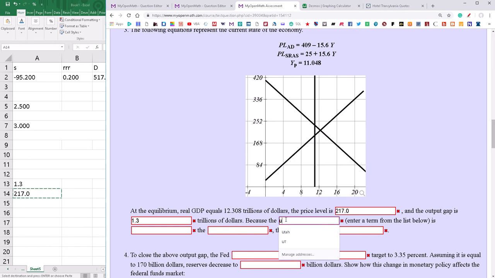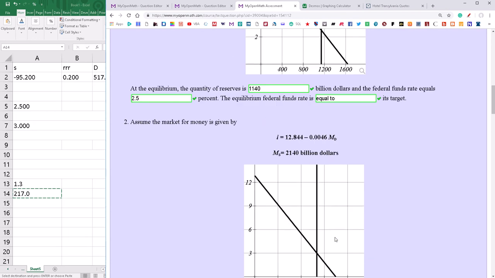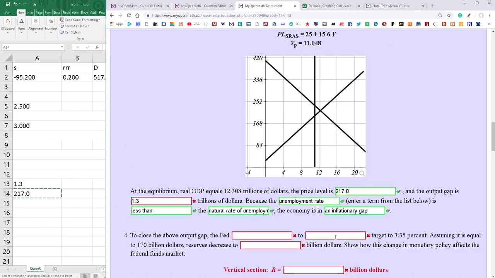Because the unemployment rate is less than the natural rate of unemployment, the economy is said to be in an inflationary gap. Okay, the economy's in an inflationary gap.